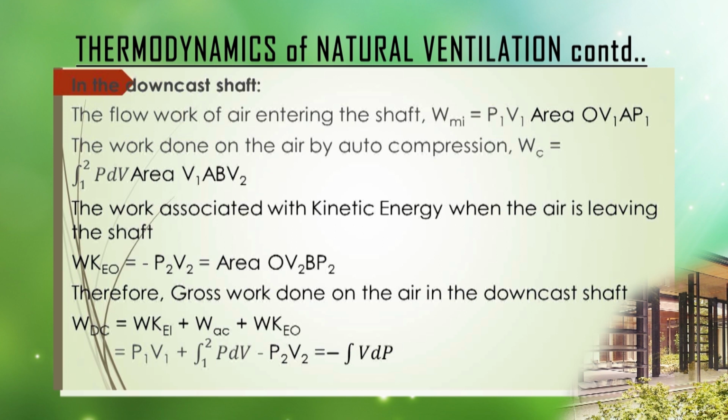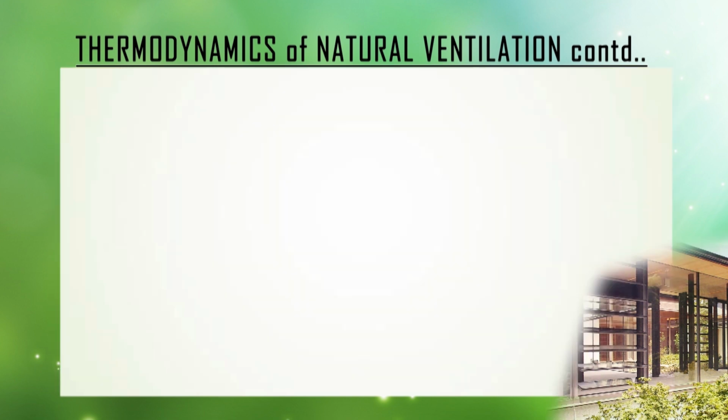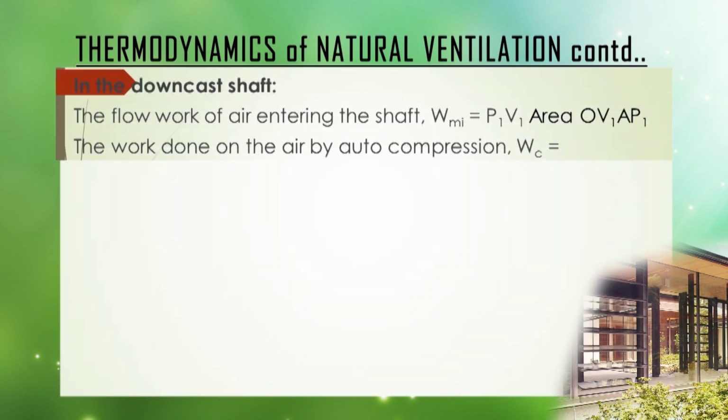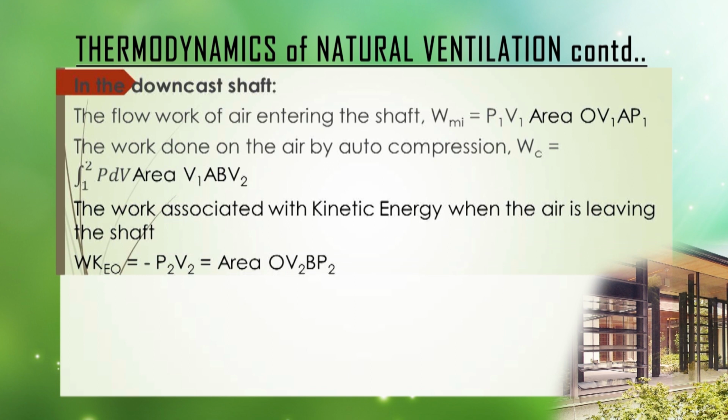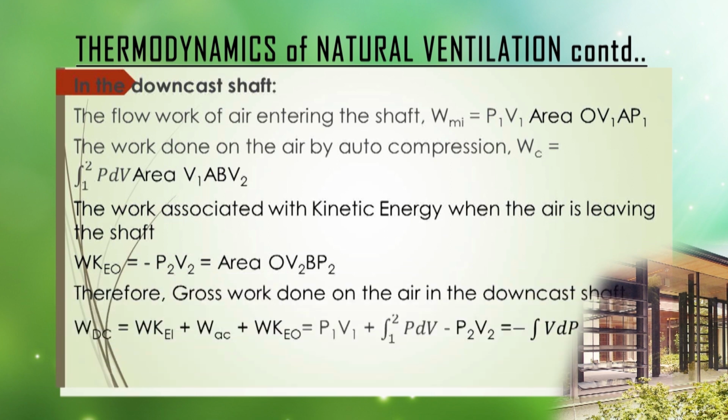Therefore, gross work done on the air in the downcast shaft is the summation of these three work done. This means P1 V1 plus integral 1 to 2 P dV minus P2 V2, equal to minus integral V dP.